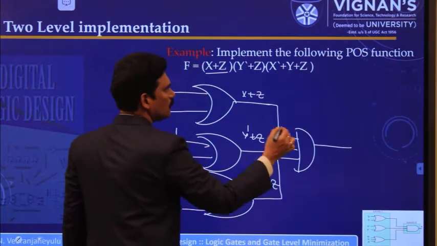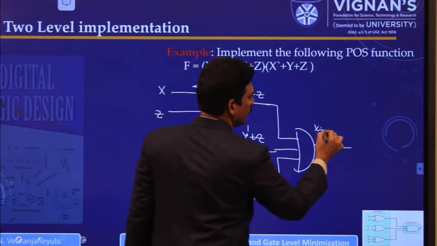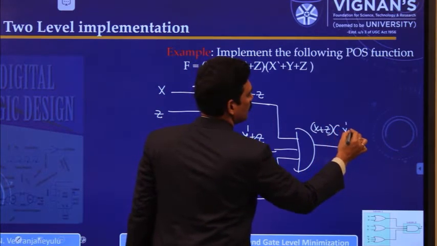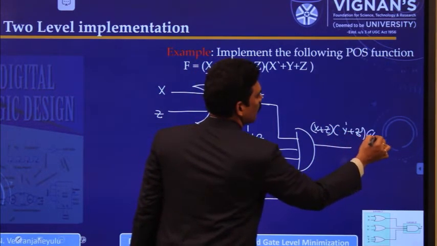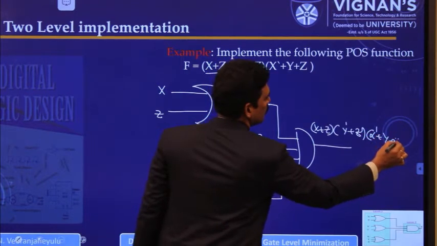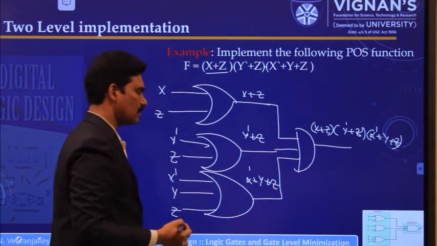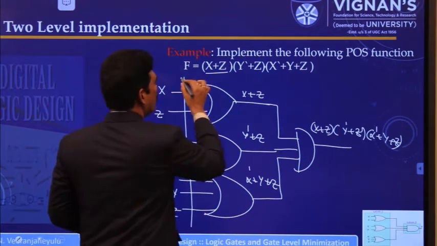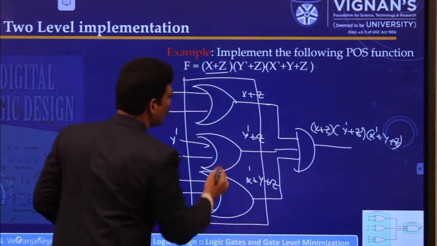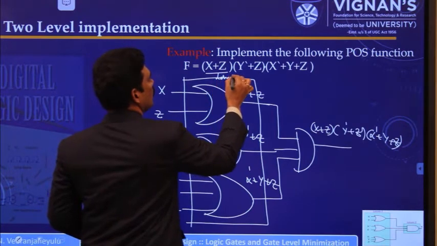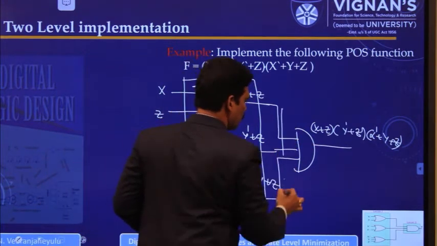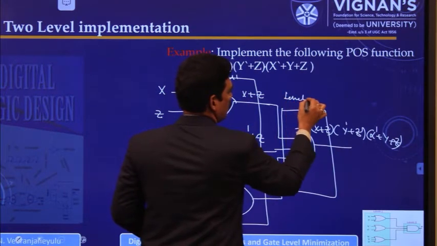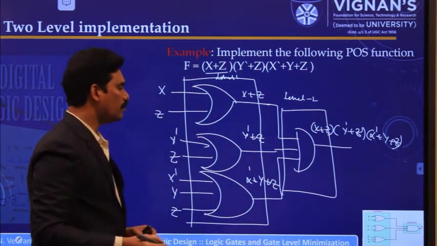Here this is the AND symbol and this is also the AND symbol. We need one AND gate here and one AND gate here. Finally that is equal to x plus z into y bar plus z into x bar plus y plus z. This is the expression. This is level 1 and this part is level 2. This is the two-level implementation of this POS function.